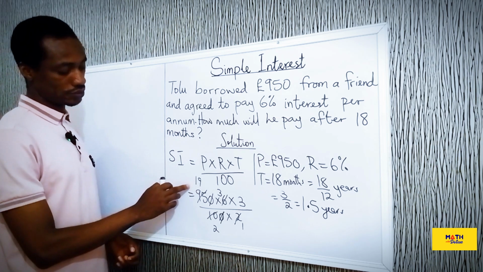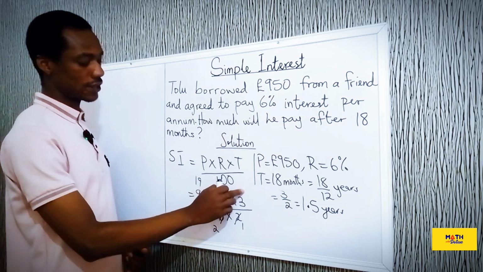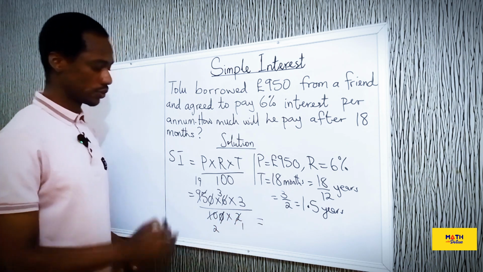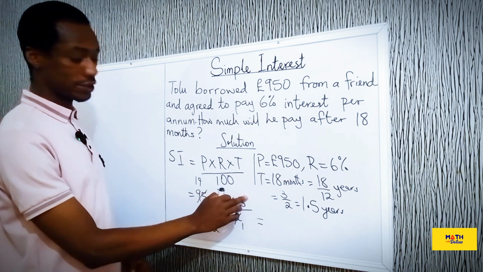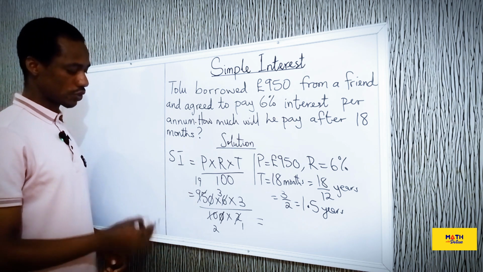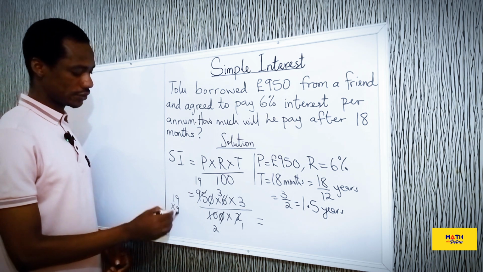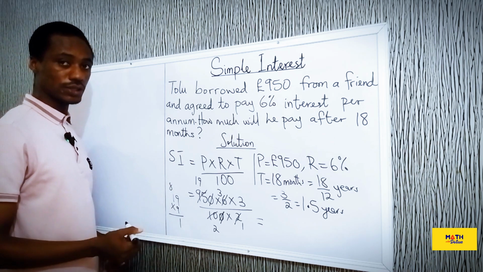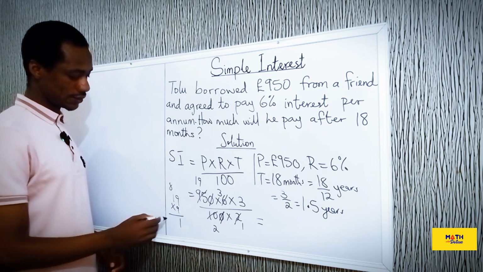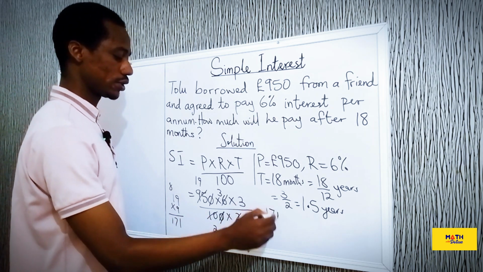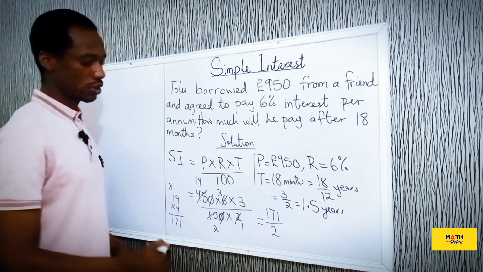So what we have left is 19 times 3 times 3 all over 2. 3 times 3 is 9, so 19 times 9. 9 times 9 is 81, and 9 times 1 is 9, plus 8 is 17. So you have 171 over 2.